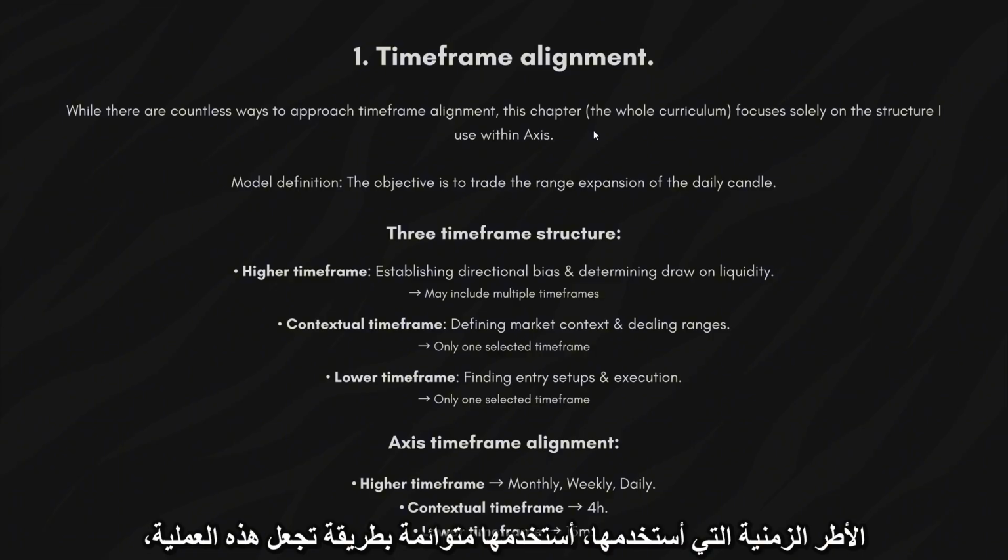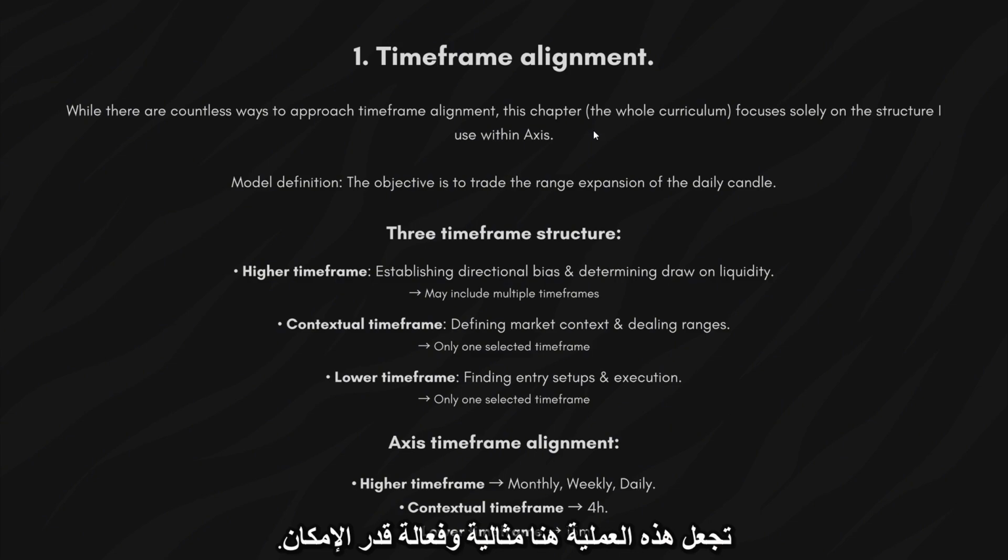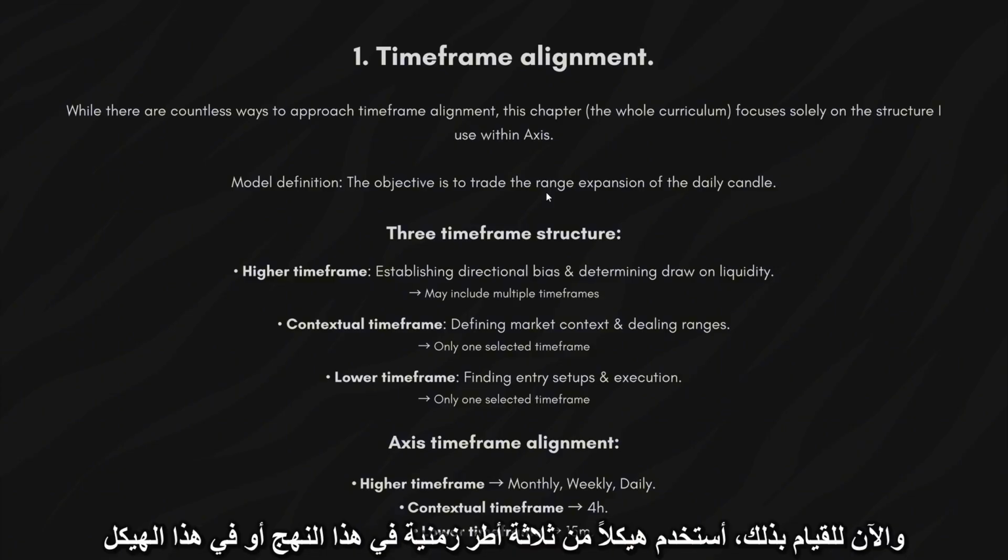The time frames I use are aligned in a way to make this process as optimal and effective as possible. And to do that, I use a 3 time frame structure.